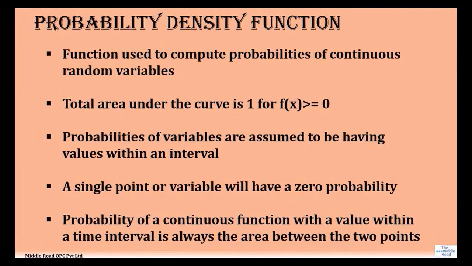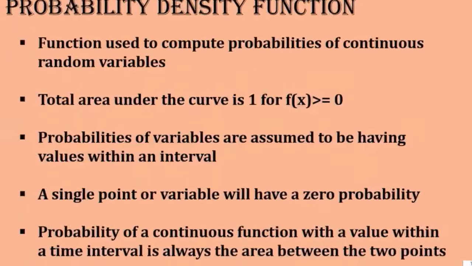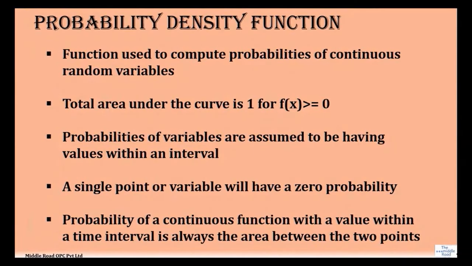Before I come to the statistic, we talk about the probability density function, because whenever you're talking about random variables and you look at this particular diagram, this is known as the PDF of the T-distribution. It's a probability density function. These are functions used to compute probabilities of continuous random variables. This is very similar to normal distribution, where the total area under the curve is 1, for the function of variable x greater than or equal to 0. For a continuous variable, it gives you the probability estimate over an interval, which is between a range of values.